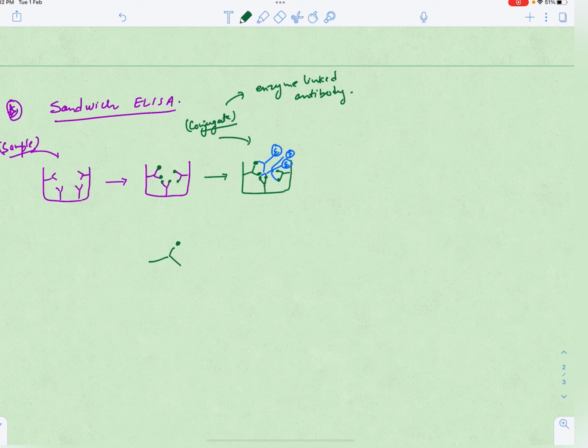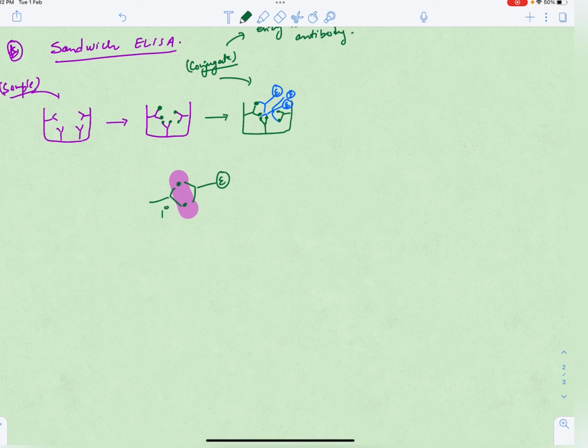This is your primary antibody, this is your enzyme linked secondary antibody, and between these two antibodies the antigen is trapped, making it look like a sandwich.